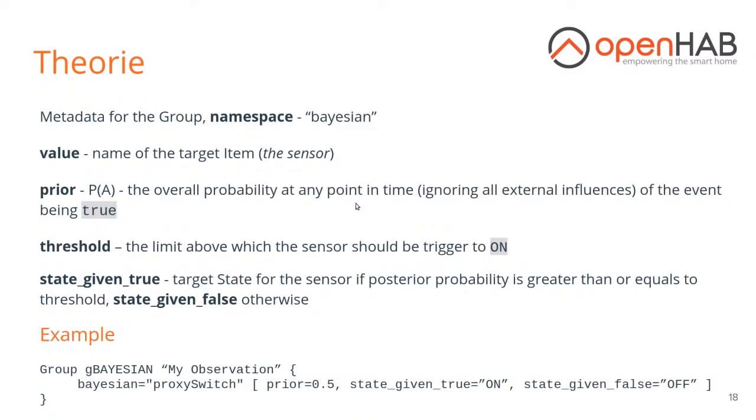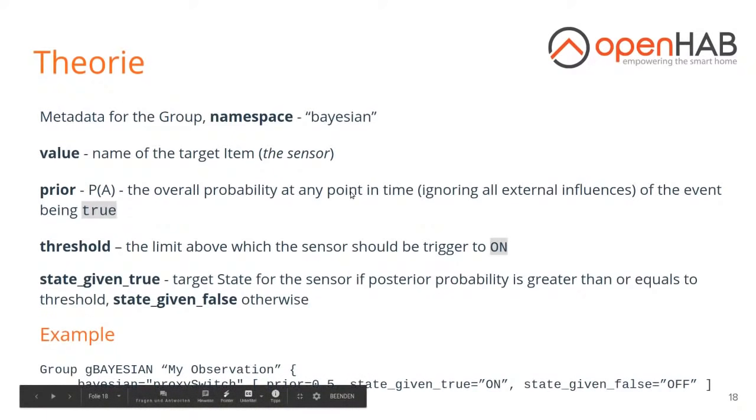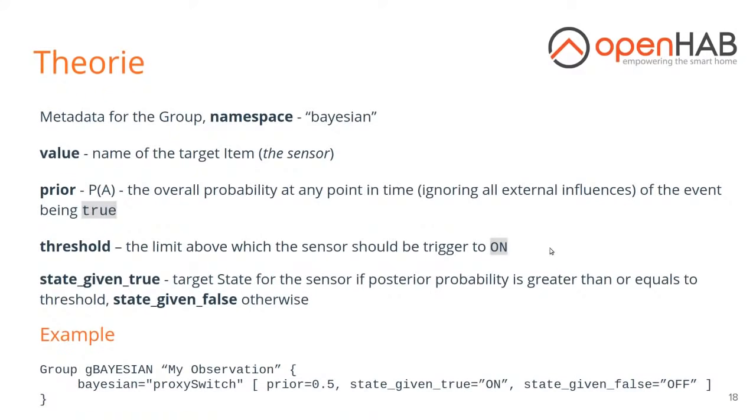And we have the threshold. Oh, I just saw it. I forgot it in the example, and I will add it later. I'm sorry. And we have a state given true and state given false, which are the final states to send to the item. Why did I define them here?